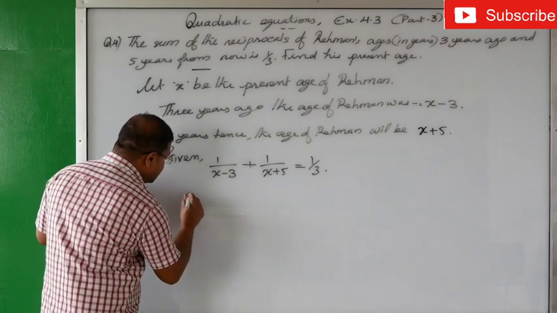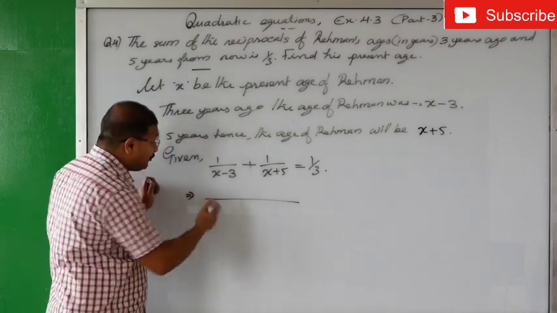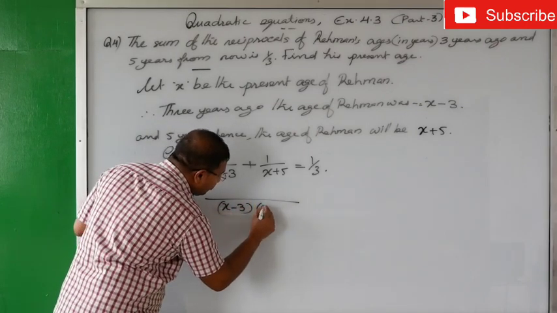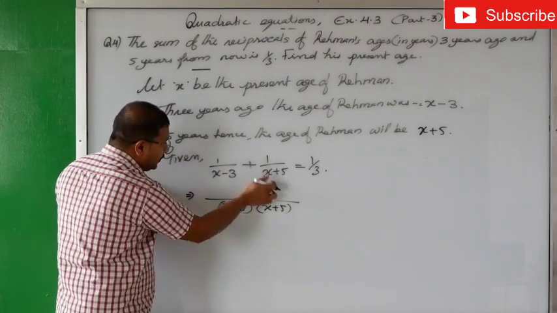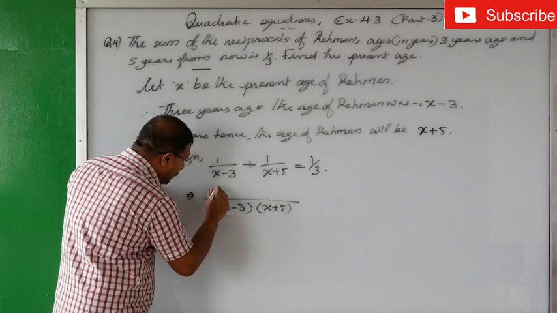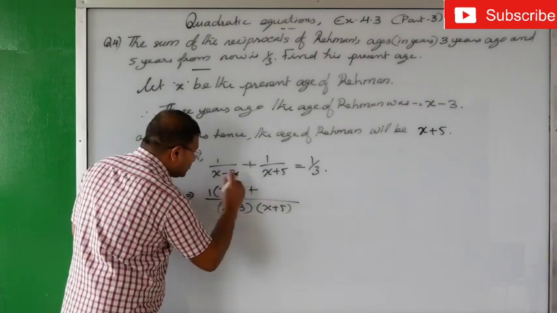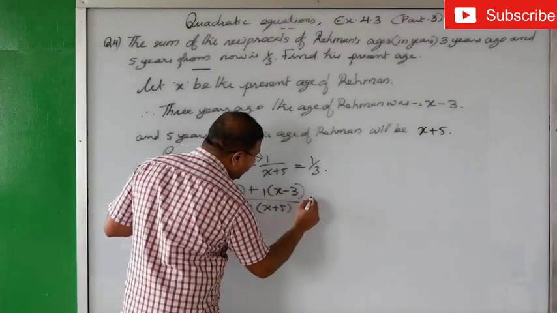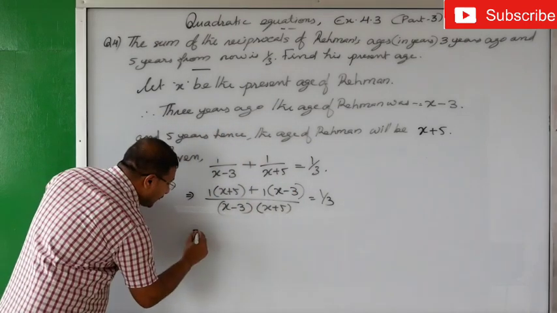Now we'll solve this. We'll take the LCM. We know the denominators are different, so we have to multiply. That means x minus 3 into x plus 5. Now this will go here, that means 1 into x plus 5, plus this will go here, that means 1 into x minus 3, equals 1 by 3. Is it okay?